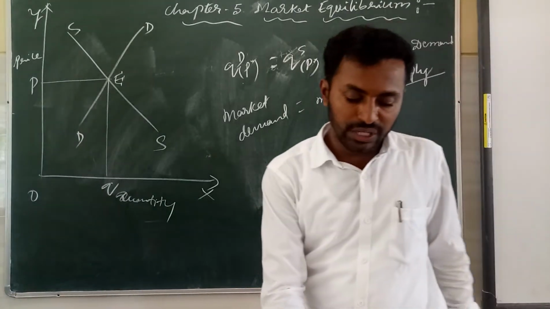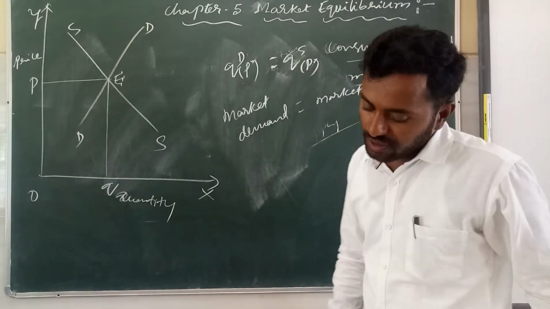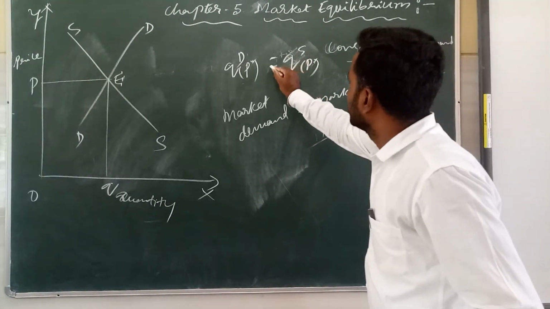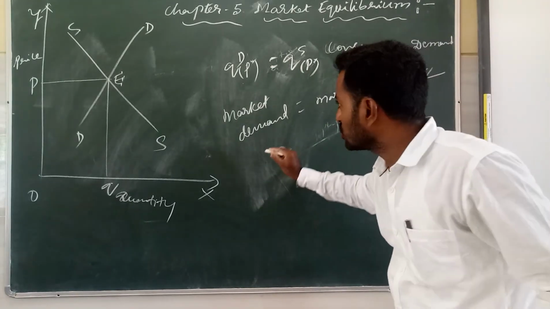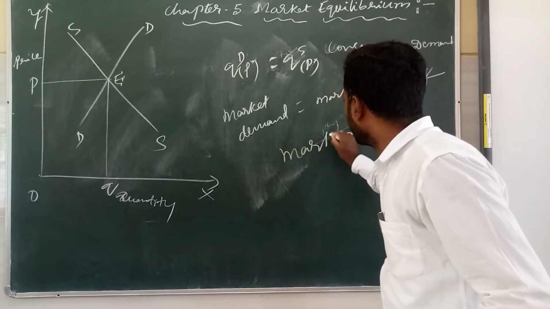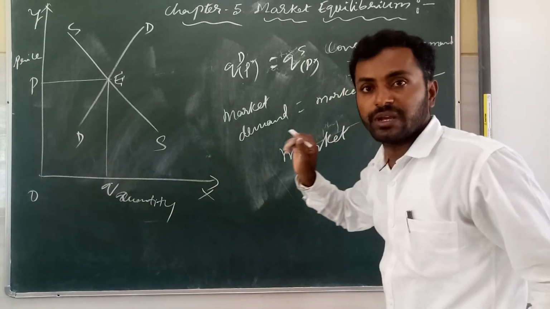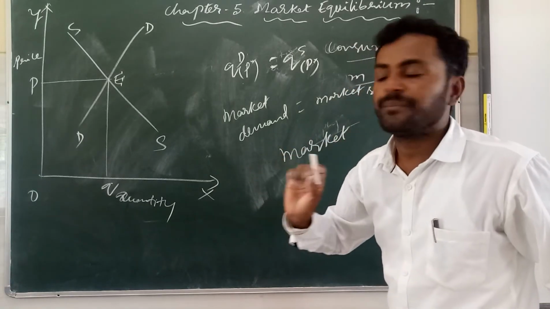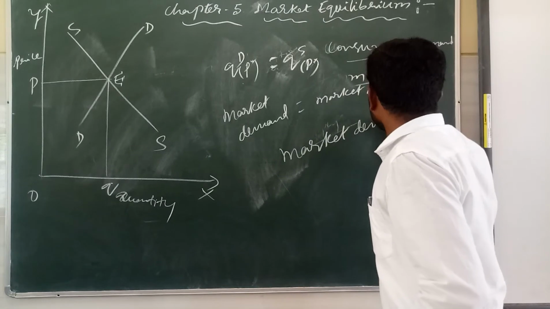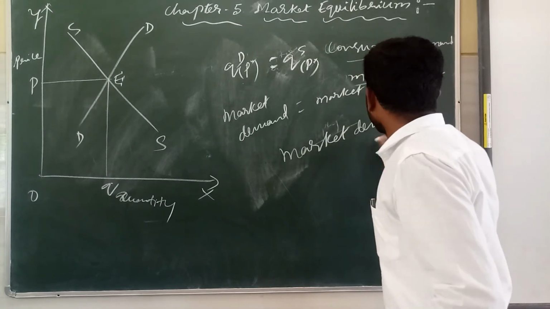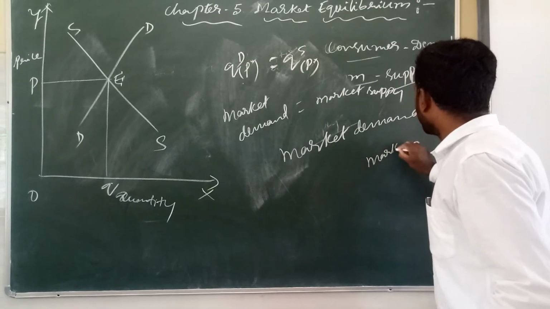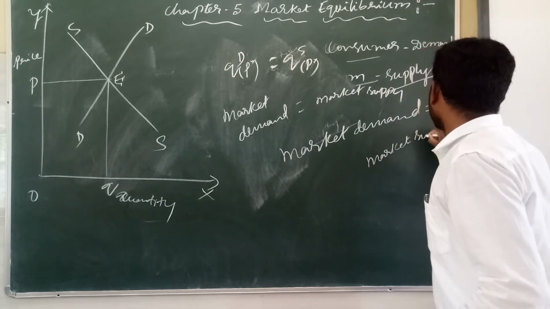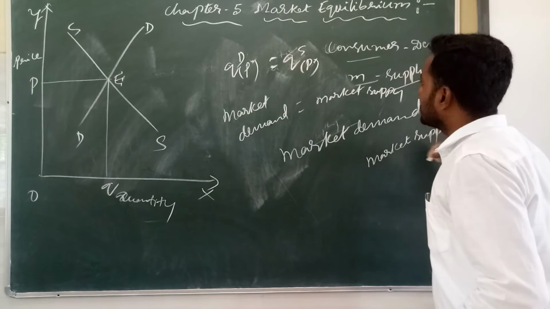That is, QD is equal to QS. Market demand is equal to market supply. That is called equilibrium.